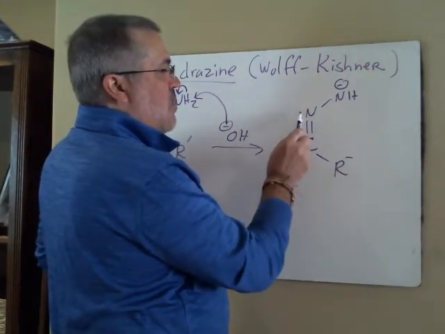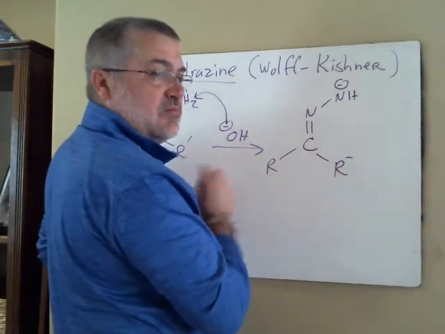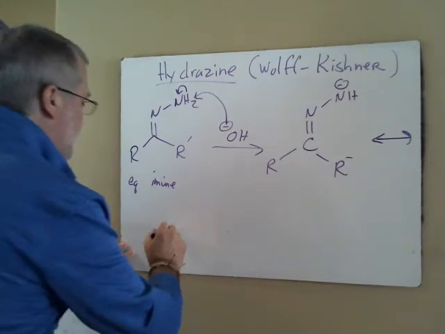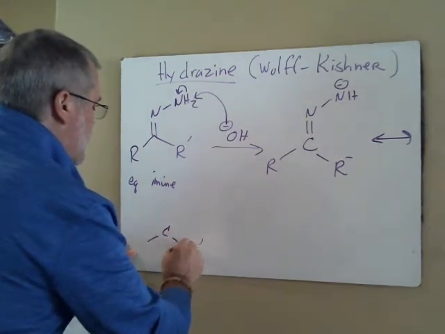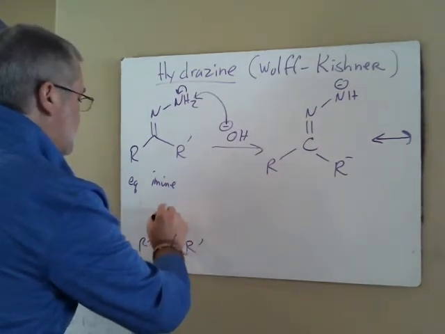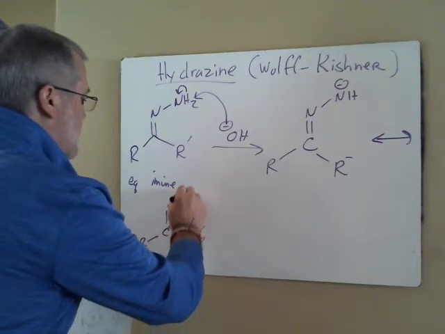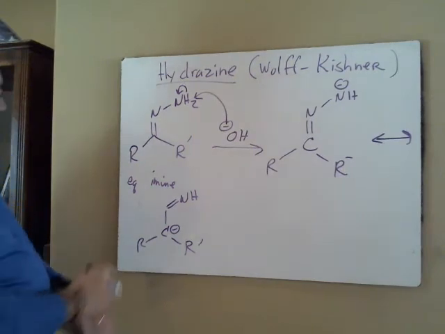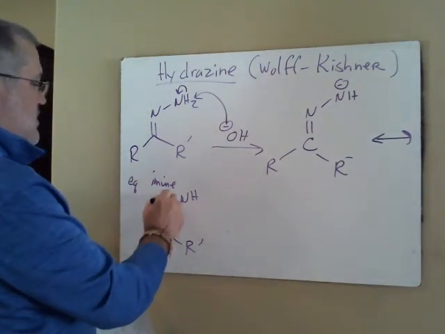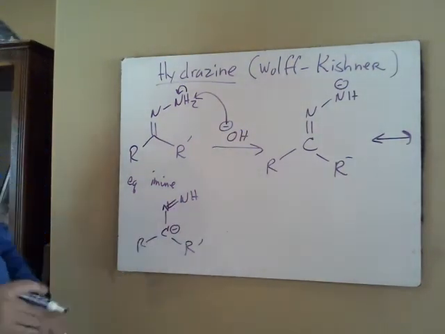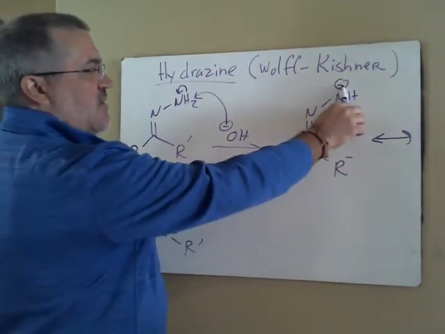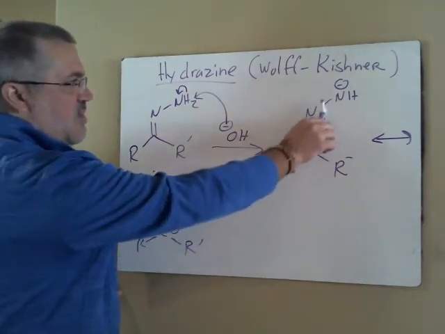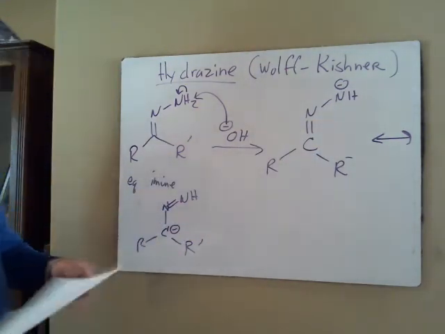So I'm going to draw my resonance arrow, and I'm going to draw the resonance form for that right here. So nitrogen there, double bond. All I've done is resonate this minus charge down here to the carbon, which moved this pi bond to here. You see where I am?